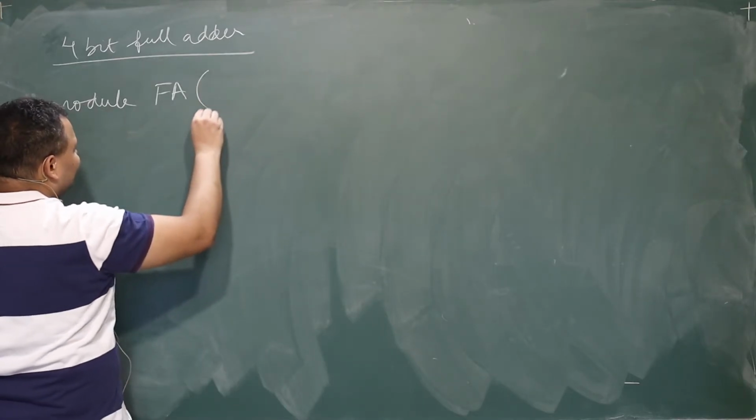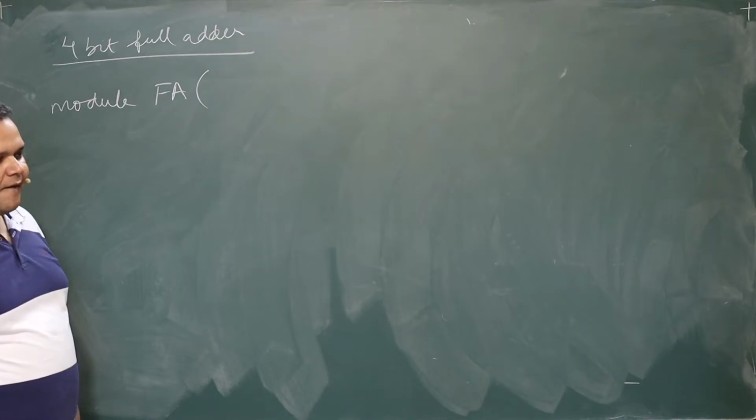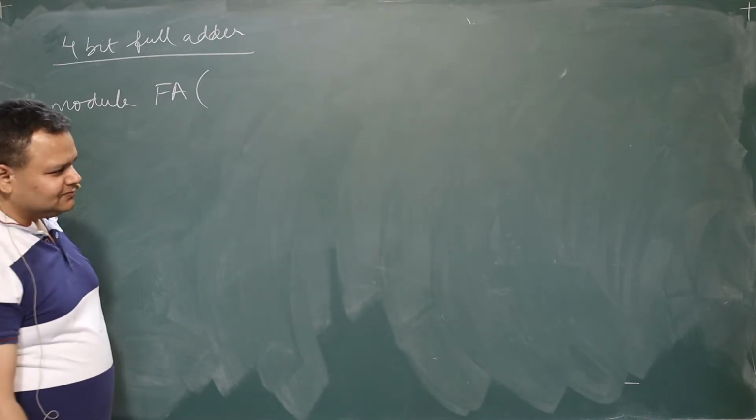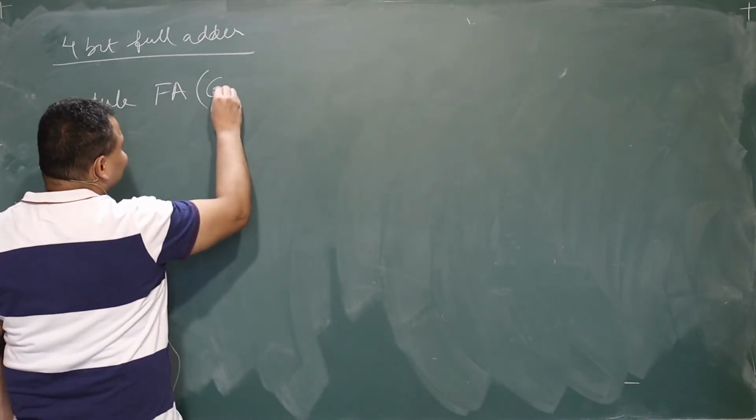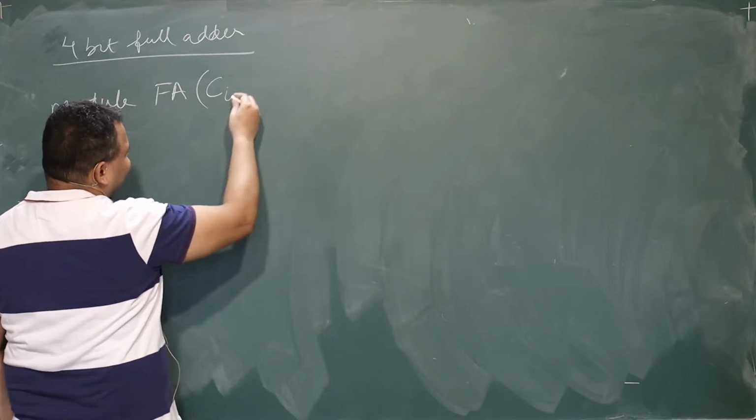What are the inputs going to be in a full adder? Carry, A, B, CI, let us call it as CI.